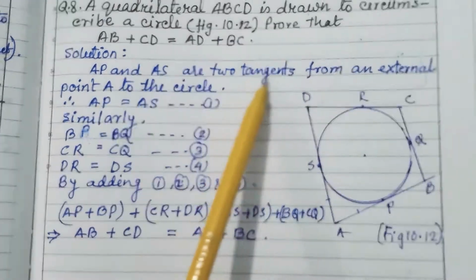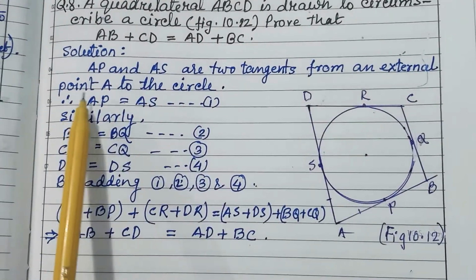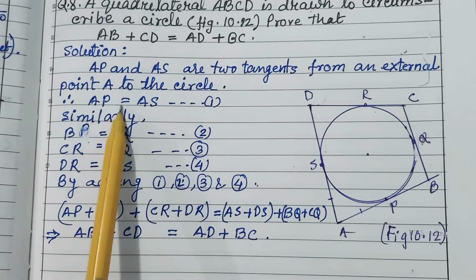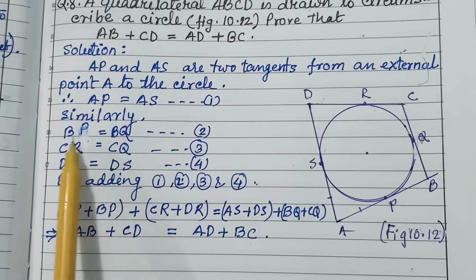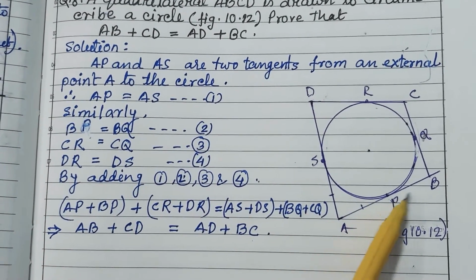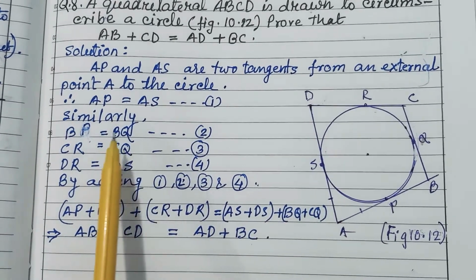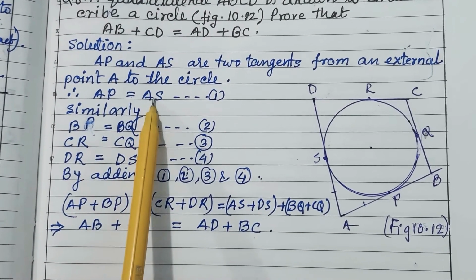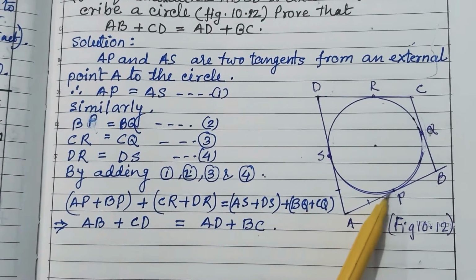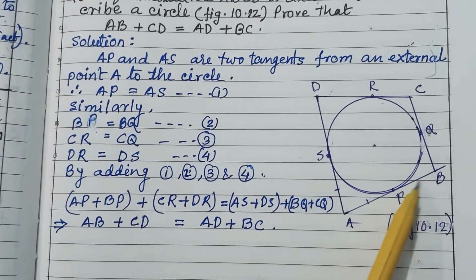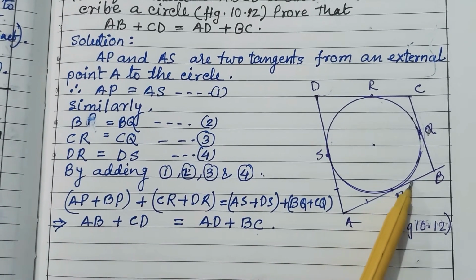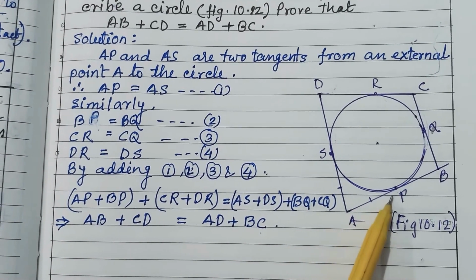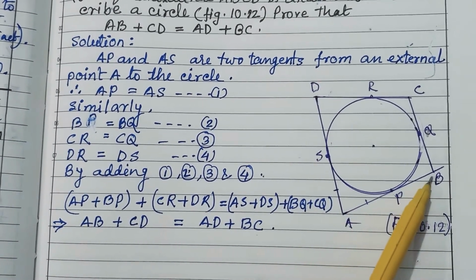So according to this theorem, AP and AS are two tangents from an external point A to the circle, so AP is equal to AS, and similarly PB. Now one thing you have to check: on the left hand side I have written AP and on the right hand side AS. So AP will add with PB, so on the side where AP is written, you have to write PB.